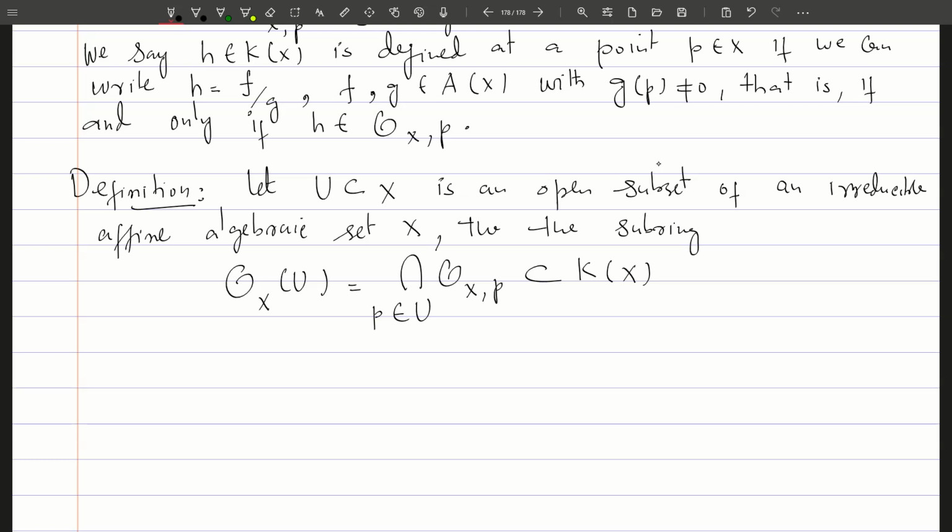So this also turns out to be a subring of Kx, and this is called the ring of regular functions on U.